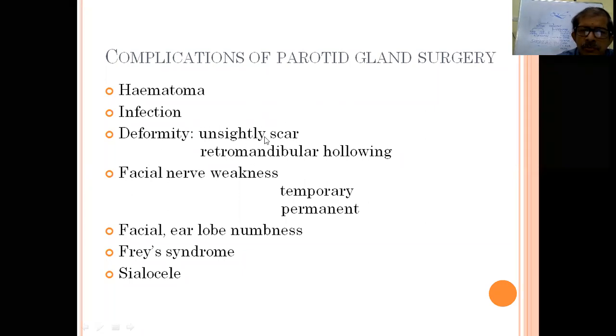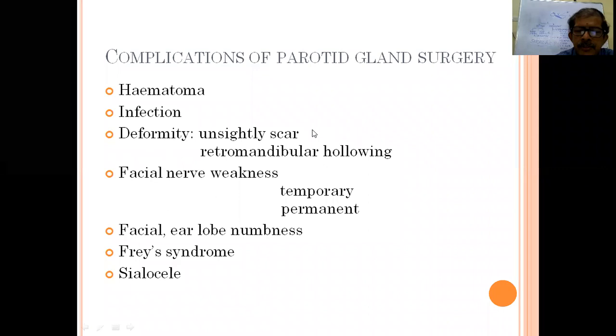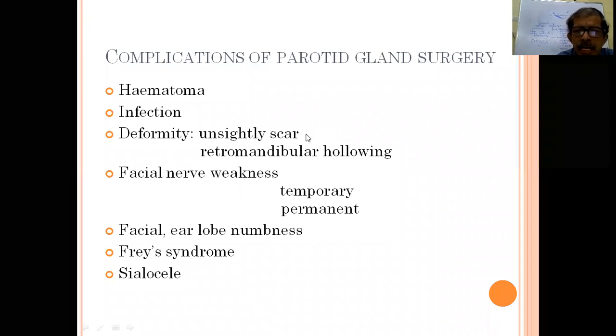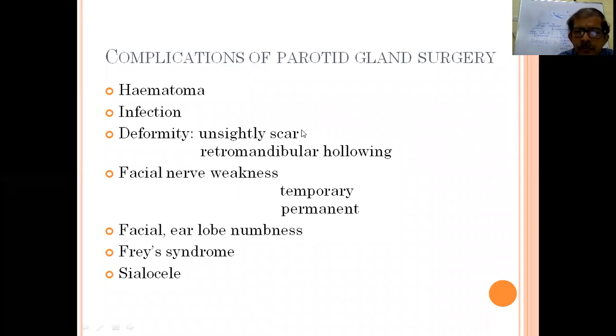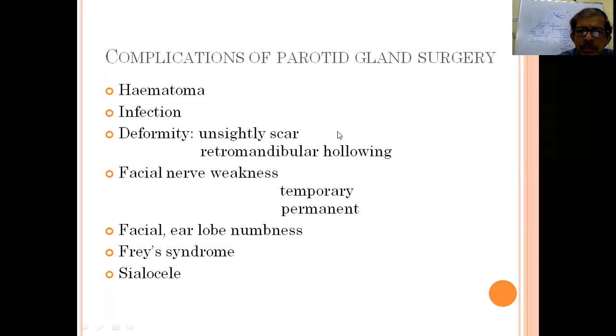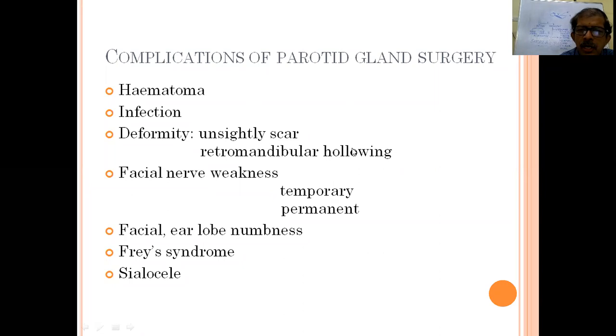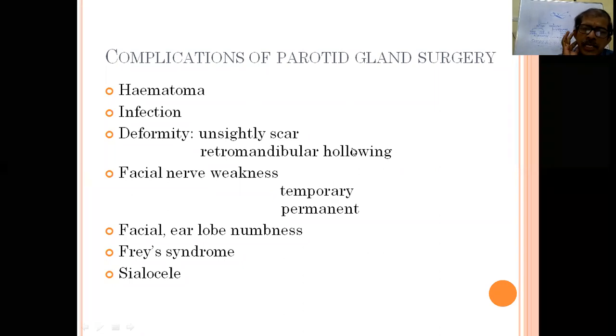If you give an improper incision, there will be an ugly scar. And because you have removed the gland in the retromandibular region, there may be hollowing. Here the gland is there, that's why it is full. But if you remove it, there will be an ugly depression here. That is the deformity.